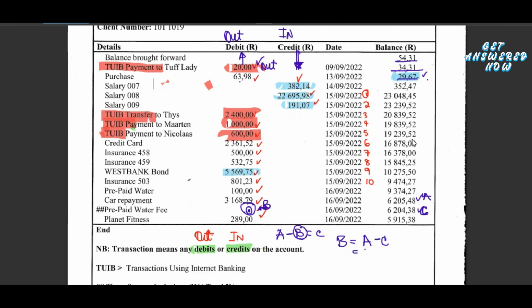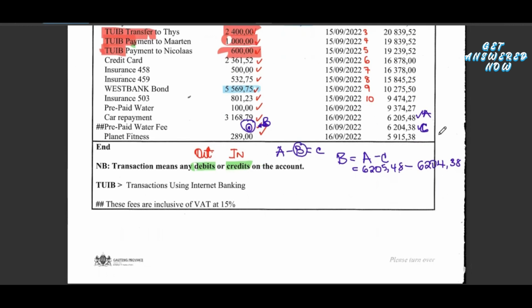So we shall say 6,205 rands 48 cents minus 6,204 rands 38 cents. Subtract that and you end up remaining with 1 rand 10 cents.